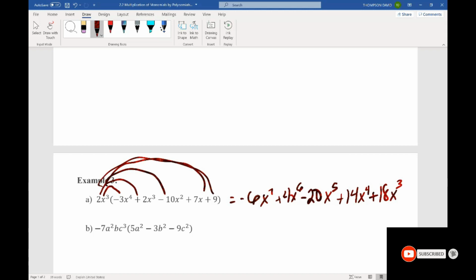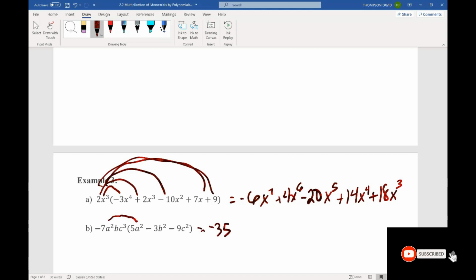Part B, we have -7a squared bc cubed. And then we have 5a squared minus 3b squared minus 9c squared. So this one's a little more challenging, but it's doable. So first thing we're going to do is multiply this -7a squared bc cubed to the 5a squared. So -7 times 5 will be -35.